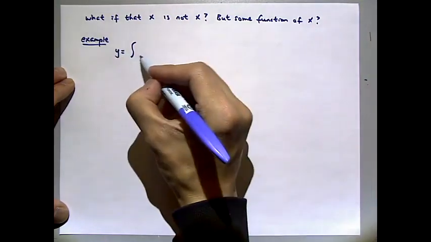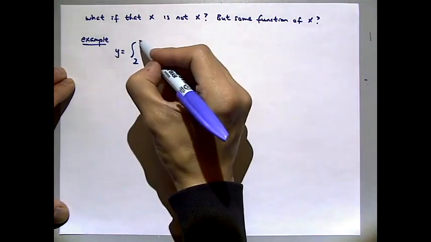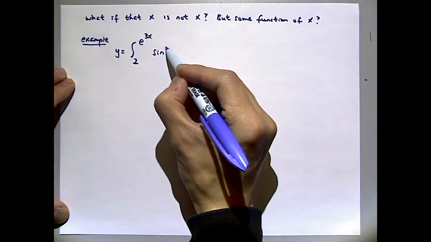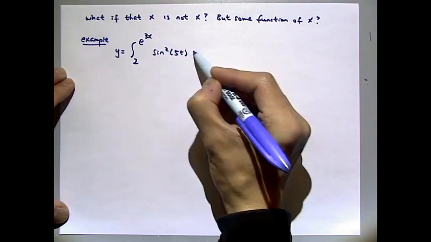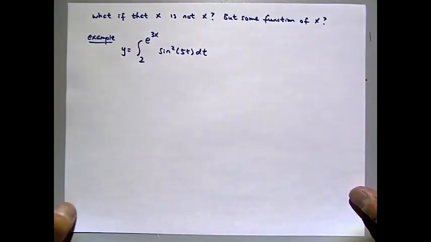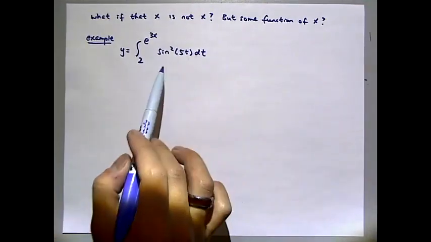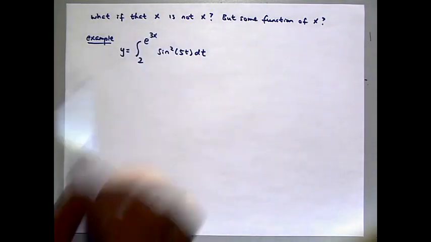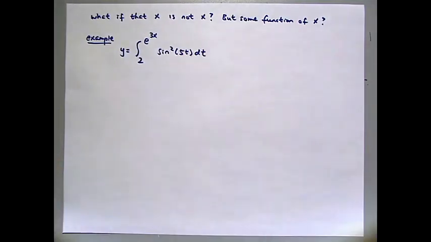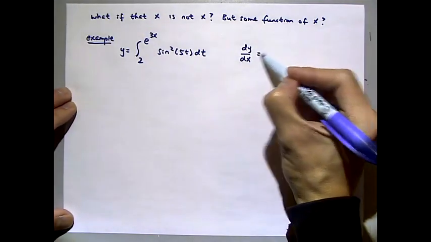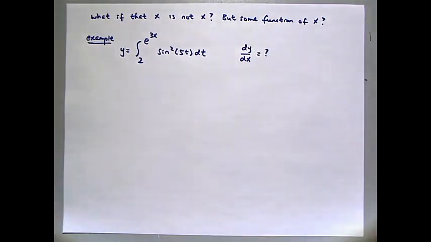We'll call it y, the integral from 2 to e to the 3x of sine squared of 5t dt. This means that we're accumulating the area under this curve starting from 2 to some other number determined from some other function. We are looking for the rate of change of y with respect to x, of course.